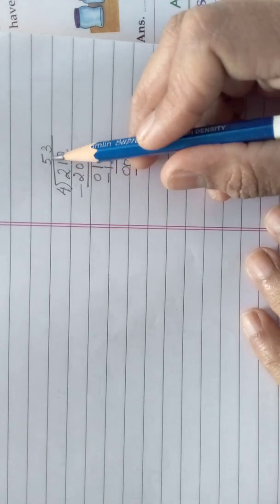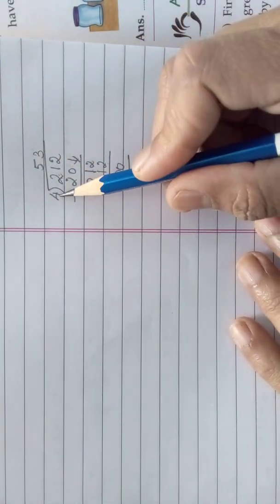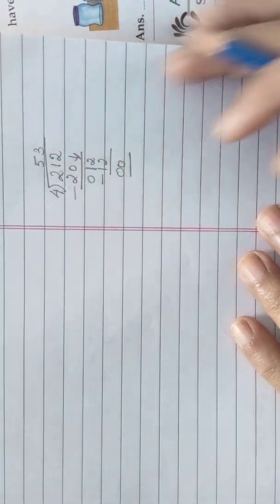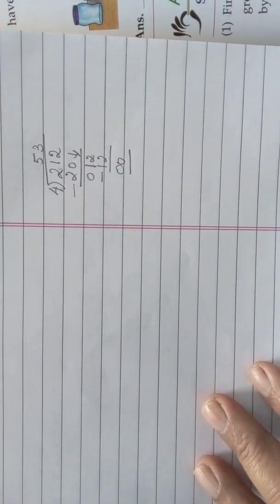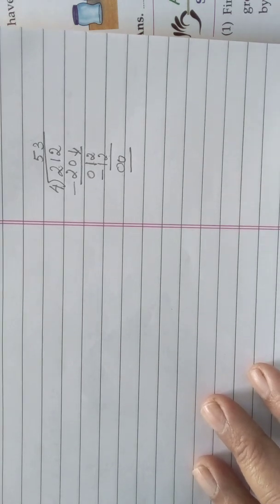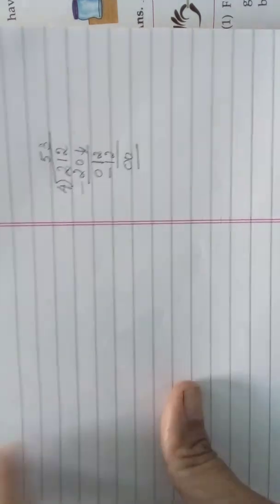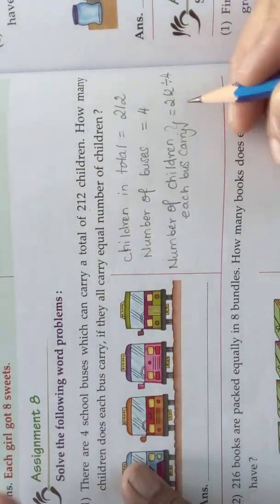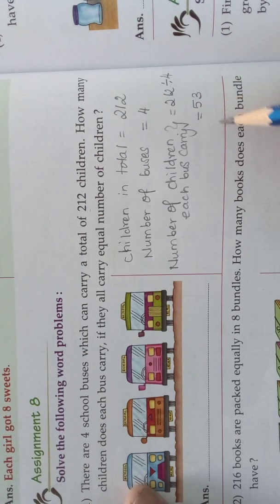So, what is the quotient? 53. So, you should divide 212 by 4. 53 is the quotient, so that tells us how many children can travel in a single bus: 53 children. The quotient is 53 and the remainder is 0, no?